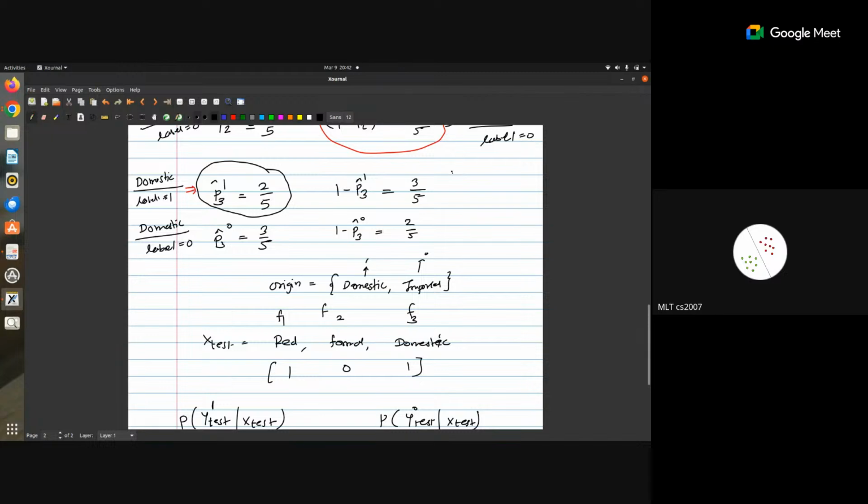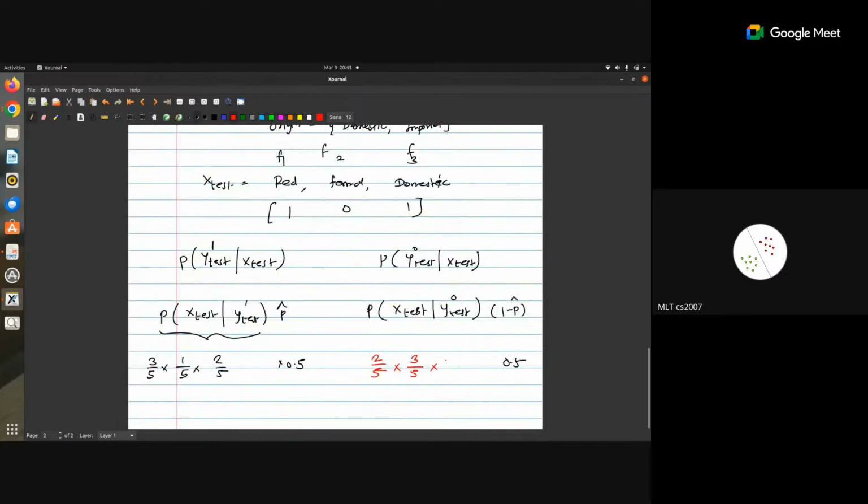Here it's imported given label is 1, and here it is imported given label is 0. So what do we want now? It is domestic given the label is 0, and the probability of domestic and label 0 is 3 by 5.